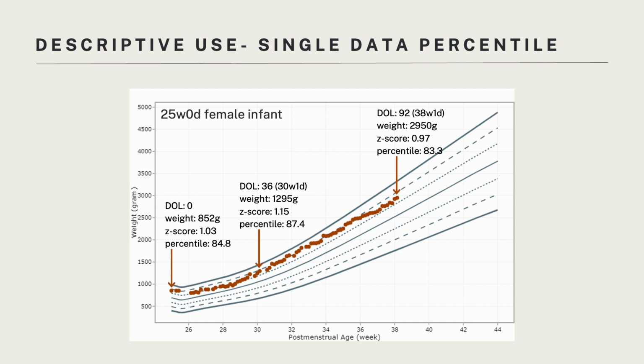For descriptive use, we can plot the infant's weight on the growth charts, for example. Here, I'm showing the postnatal growth of a female infant born at 25 weeks, 0 days. The arrows point to specific weights at different days of life, and the corresponding z-scores and percentiles are calculated accordingly.